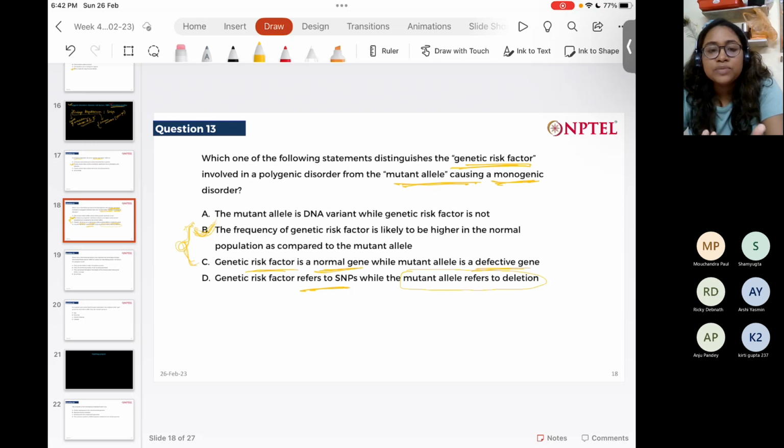So a person with all 5 risk factors will show more severe symptoms, whereas the person with 3 has less severe symptoms. So when risk factors come together in an individual, they show an additive effect. In that case, the risk factors are no longer acting as a normal thing. It is no longer a normal gene.